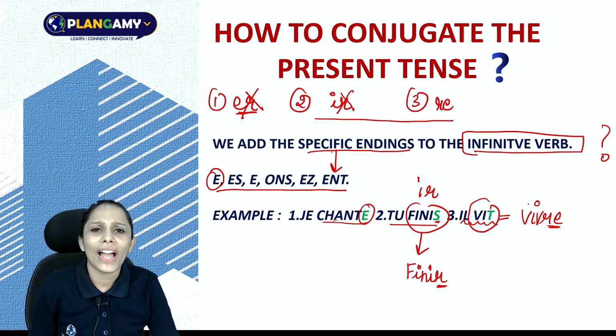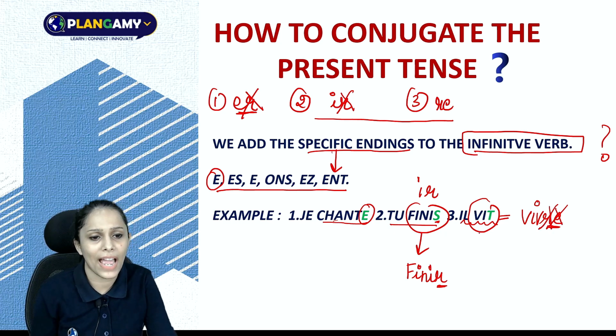As we all know, in most of the cases, we remove this E, we remove this R sometimes, and we add the endings. So this is, we can say, an exception verb. You have to learn its conjugations. I hope that how to conjugate the present tense is clear to you.